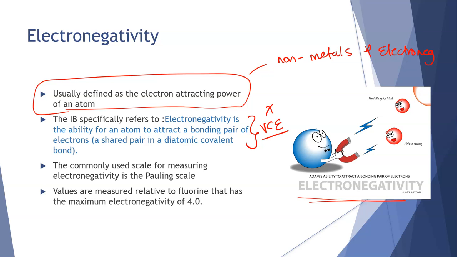This is not something that you have to memorize, and you do not need to know numerical values for the electronegativity. What you do need to know is that fluorine is the most electronegative element, and that, of course, is up here in group 17. So as you can expect, our electronegativity increases as we go across the period from left to right, and it decreases as we go down a group.